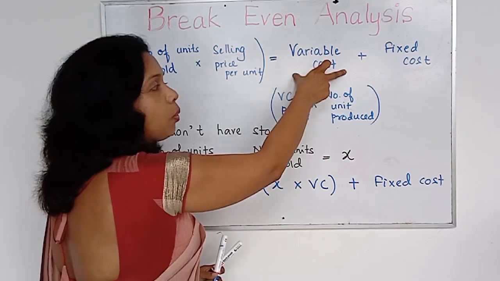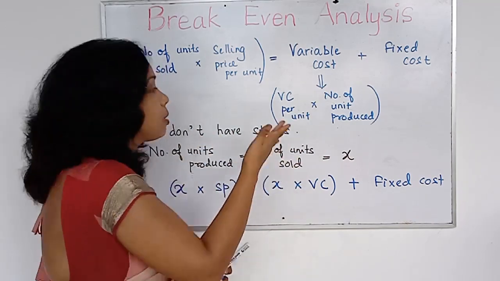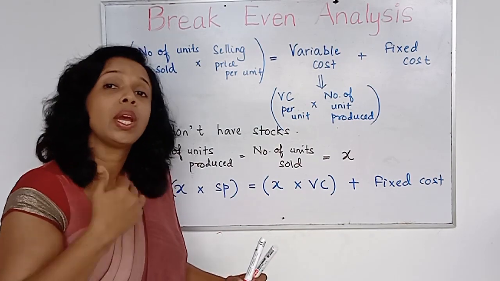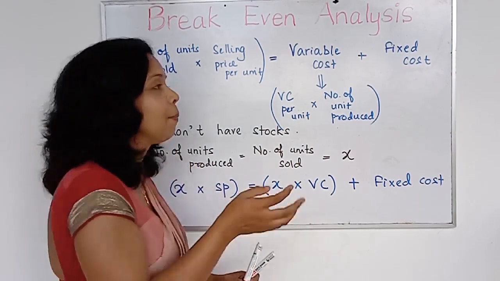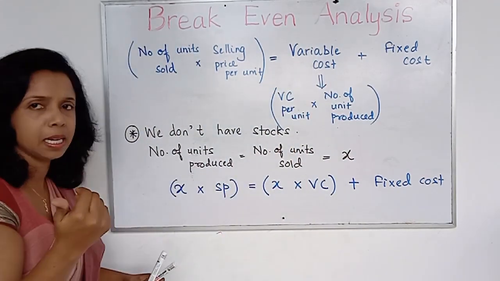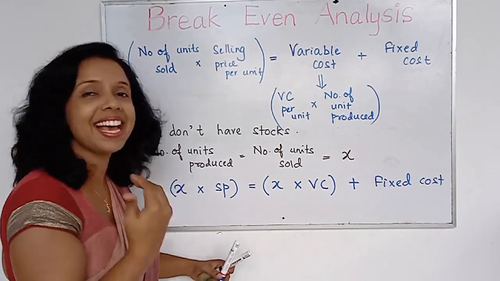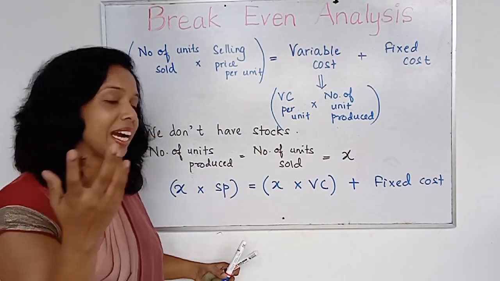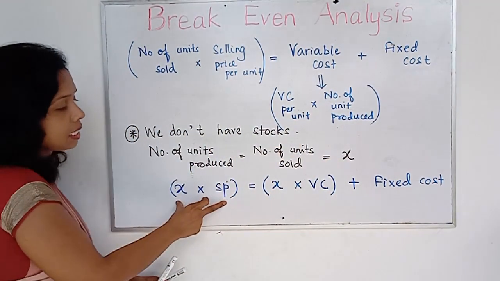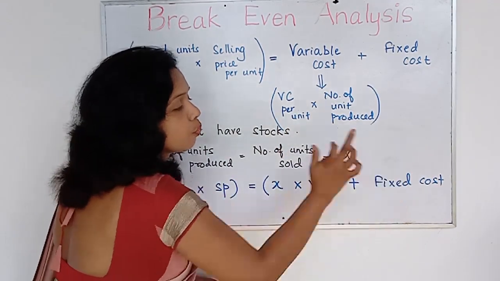And my variable cost is number of units produced times variable cost per unit, because variable cost varies with the number of units we sell, plus fixed cost. The second assumption is we don't have stocks, so units produced equal units sold. I name it X. Here X times selling price equals X times VC plus fixed cost.